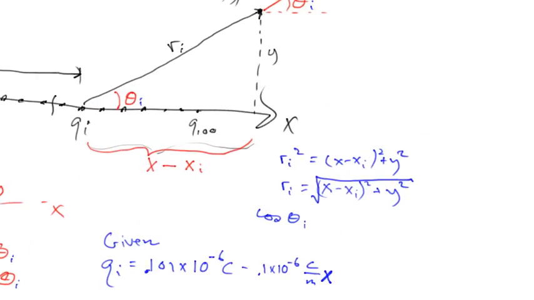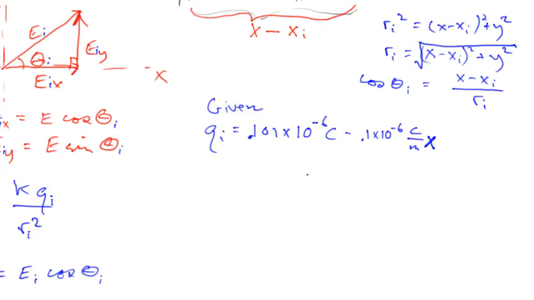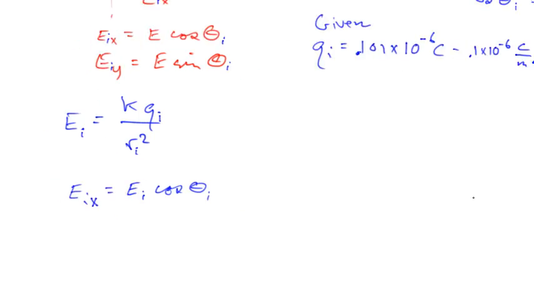Now the cosine of that angle for that particular particle is equal to the adjacent, x minus x sub I, over r sub I. So I could consider cosine of theta known, but I actually feel like substituting that in here.